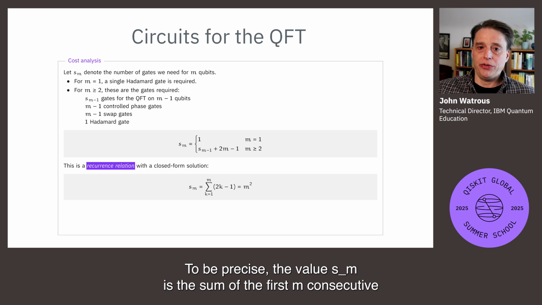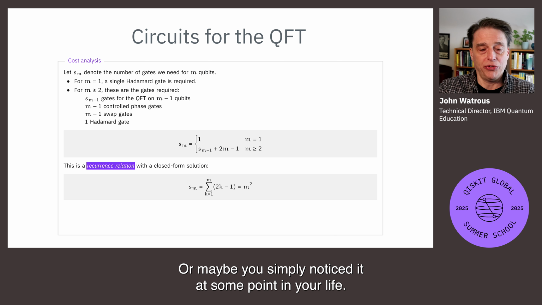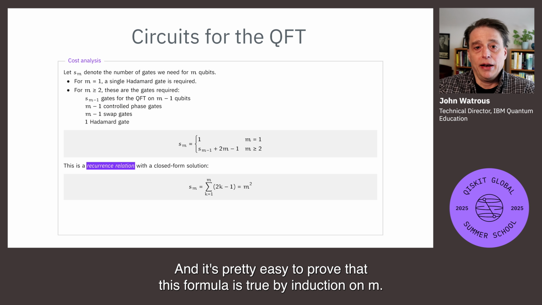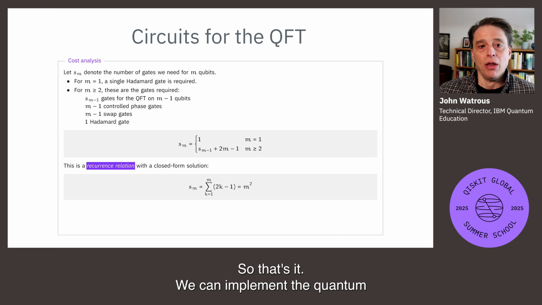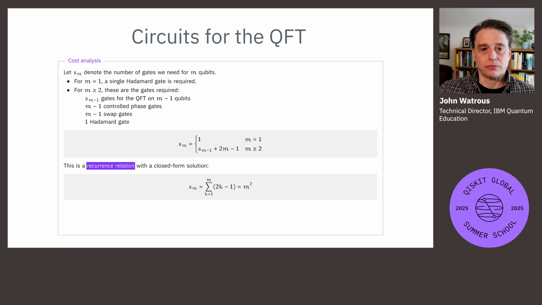To be precise, the value S_m is the sum of the first m consecutive odd integers, which equals m squared, as you may have either encountered before, or maybe you simply noticed it at some point in your life. And it's pretty easy to prove that this formula is true by induction on m. So that's it. We can implement the quantum Fourier transform on m qubits using m squared gates.